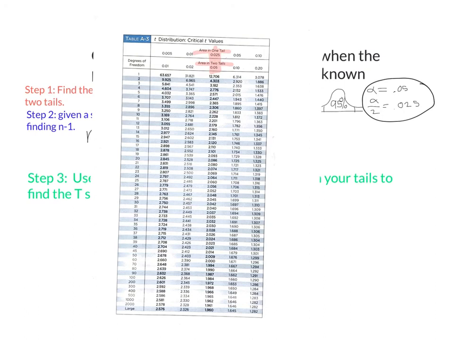So 0.05 was our 2 tail here, and then our degree of freedom was 100. We have our degree of freedom of 100 and we have our chart going down. You find where the two meet and you have your t-score. That will give you your t-score on this list. So our t-score would be 1.984.